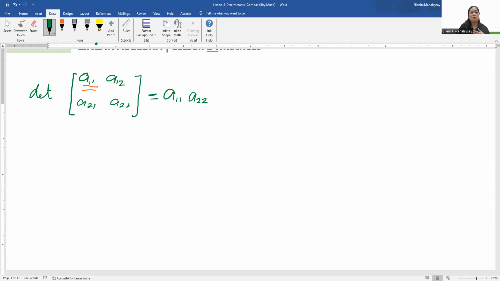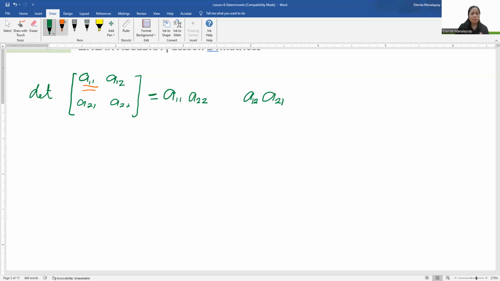Then, if we start from the first row, I can also choose A12. Actually, we get all the possible arrangements. So with A12, the next entry will not come from the first row or from the second column. So what remains is A21.